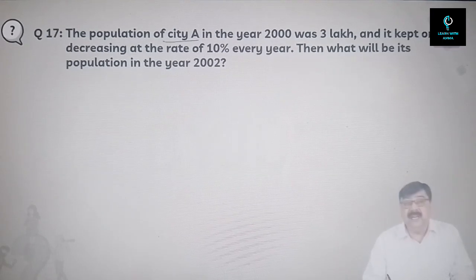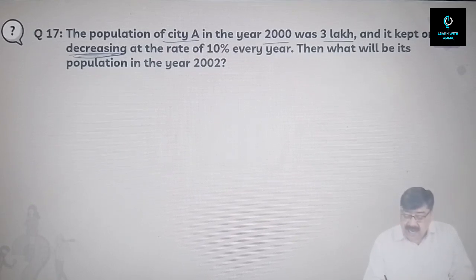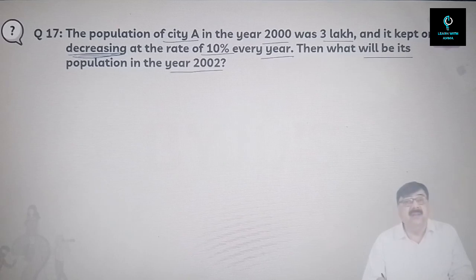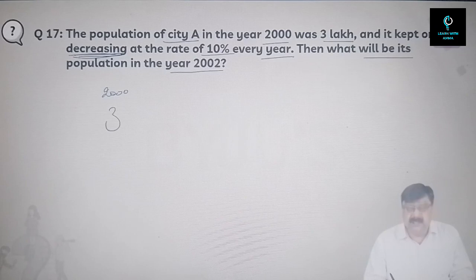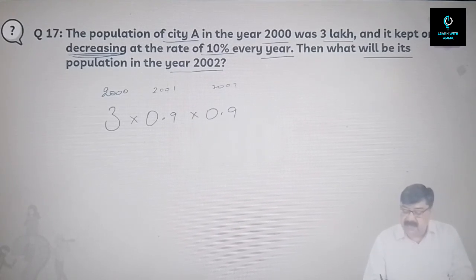Now the population of city A in the year 2000 was 3 lakh, and it kept on decreasing. See, that is a difference in this question from the previous one. At the rate of 10% every year, then what will be its population in the year 2002? So 2000, population is 3 lakh into 0.9, because it is decreasing by 10% in 2001, into 0.9, because it is decreasing by 10% in the year 2002.